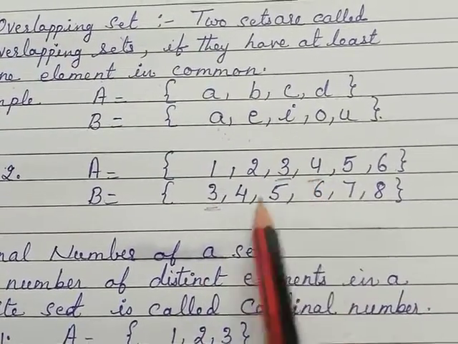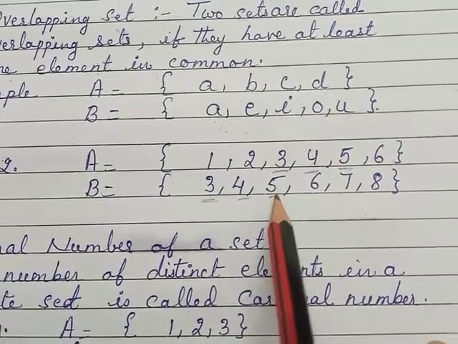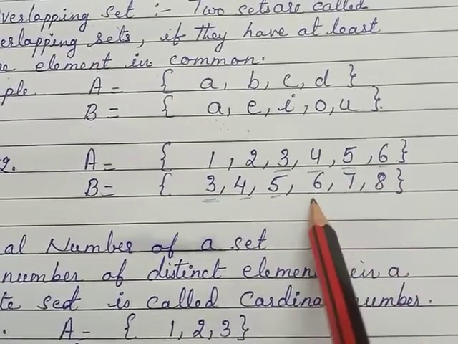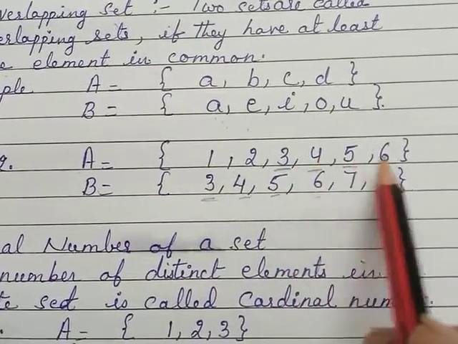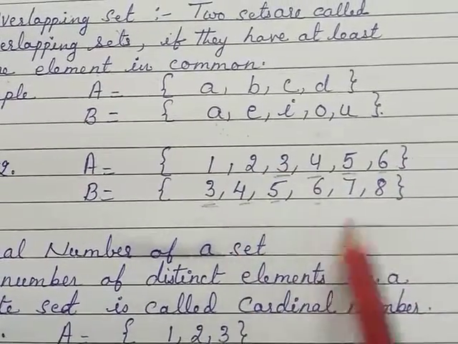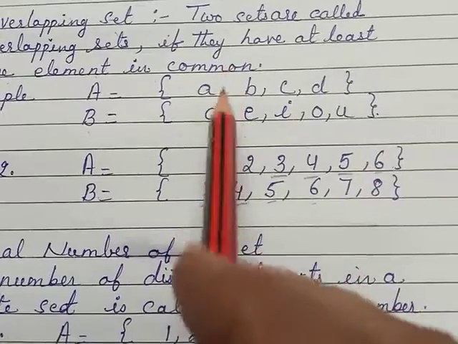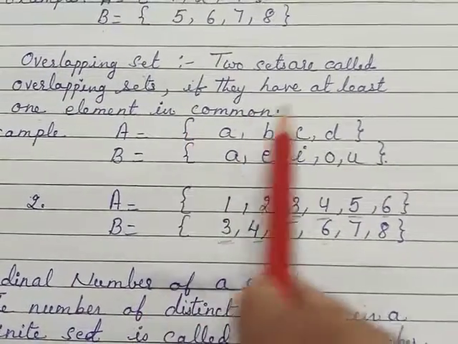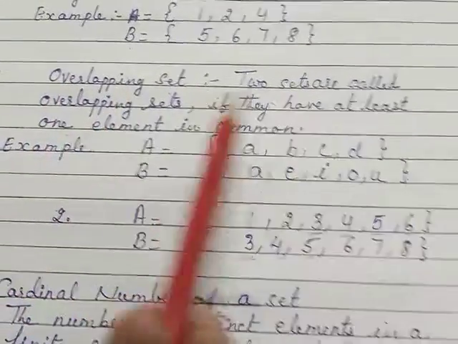Then 4 is here and 4 is here, so the second element is common. 5 is here and 5 is here, so the third element is common. 6 is here and 6 is here, so 6 is also common. So 4 elements are common in this, and in the earlier set I have shown one element, that is A, is common. So if any sets have at least one element in common, then they are known as overlapping sets.